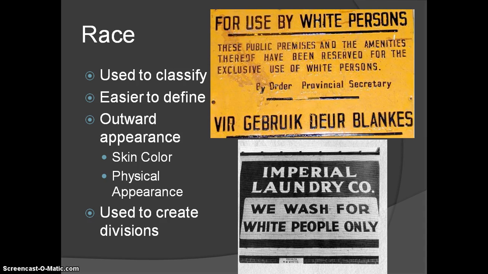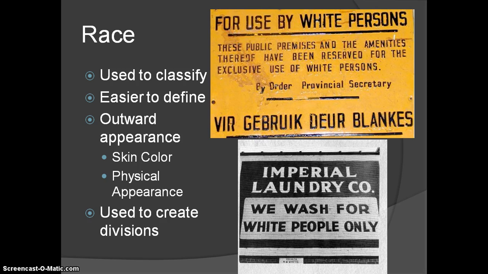But a lot of times the reason that race is used as opposed to ethnicity is that race is much easier to define. It's much easier to identify, because race is solely based on someone's outward appearance. We base race typically on skin color, hair type, nose and eye shape, and those are the things we look to when we try to identify a person's race.